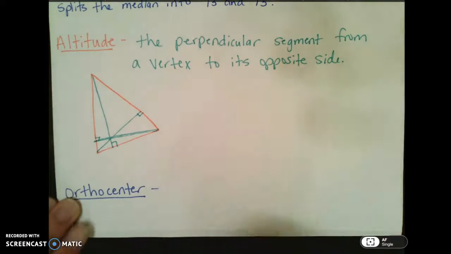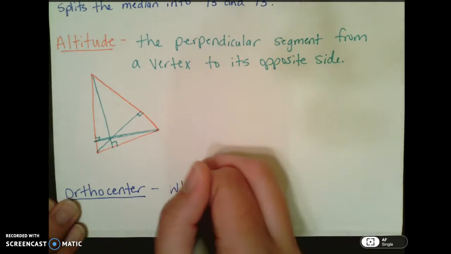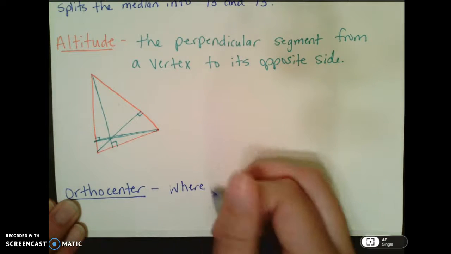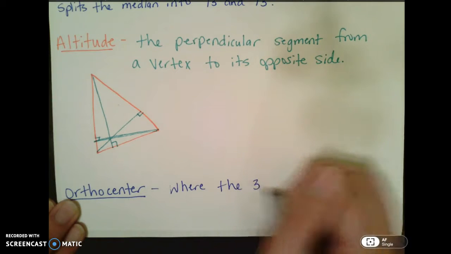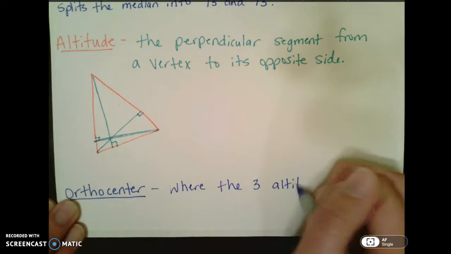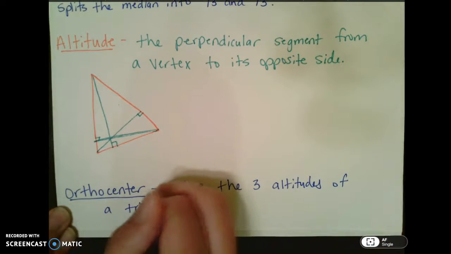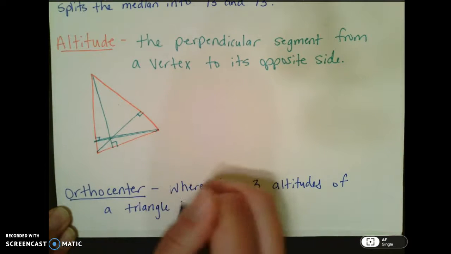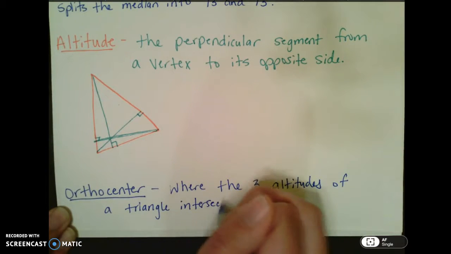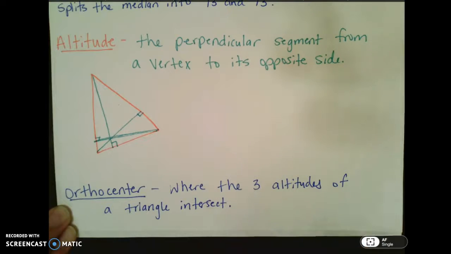So your orthocenter is where the three altitudes of a triangle intersect. Okay, and just a little side note, this does not have to be inside the triangle.